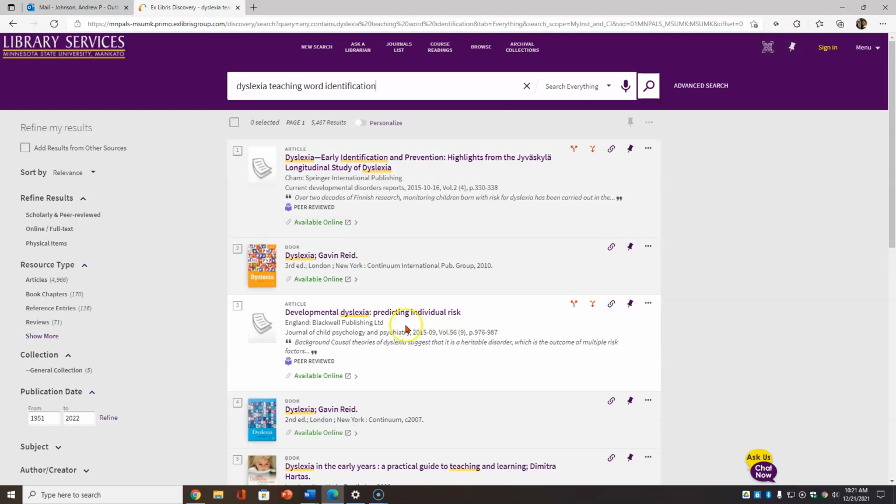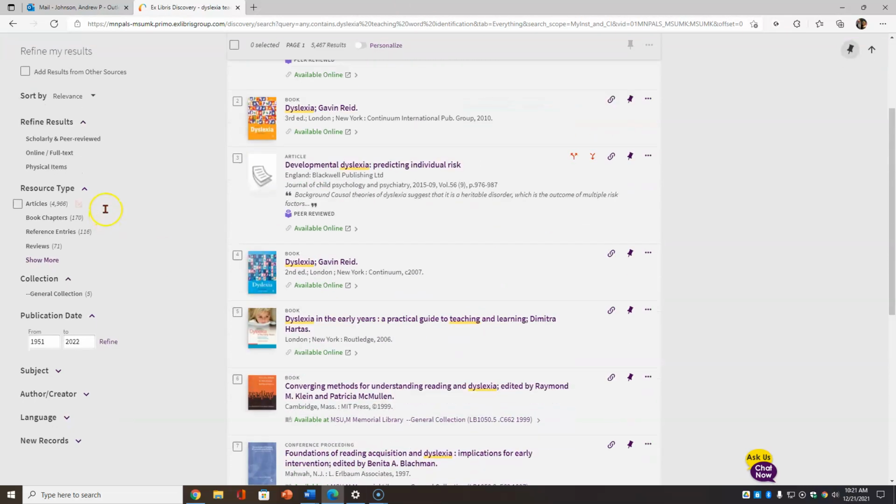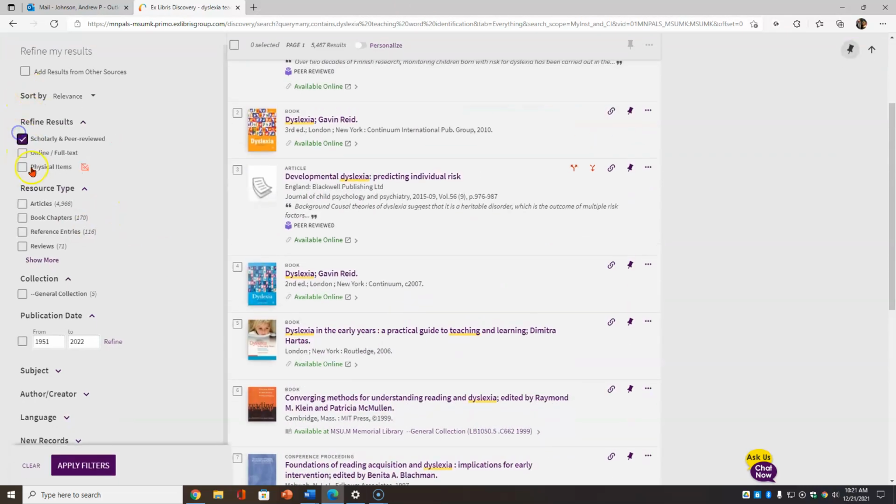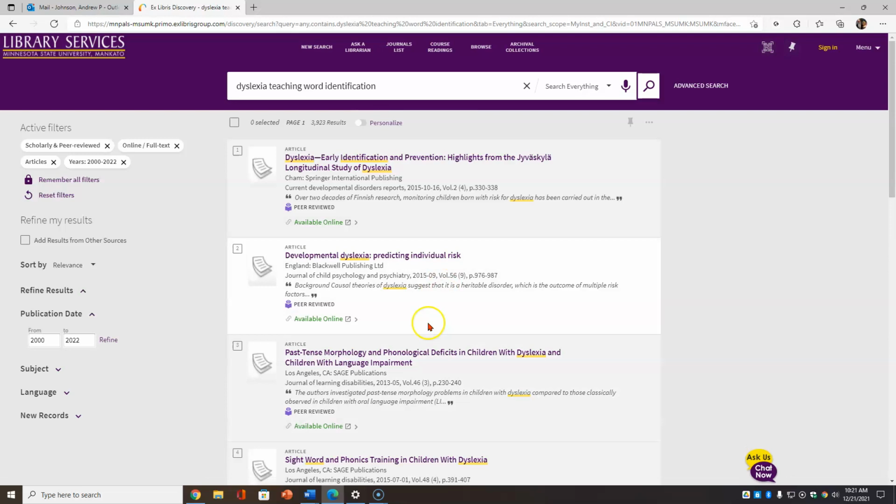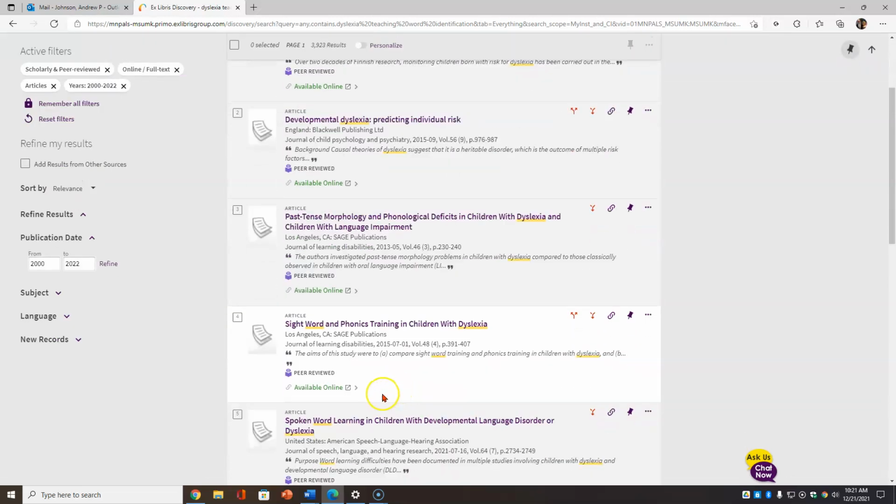And you get, these are all peer reviewed. Oops, I need to refine my searches again, articles. And I'm going to go 2000. I'm going to apply the filters, and you see. All right, these are all related. This is how you begin to find sources.